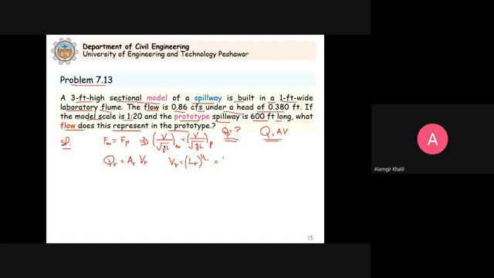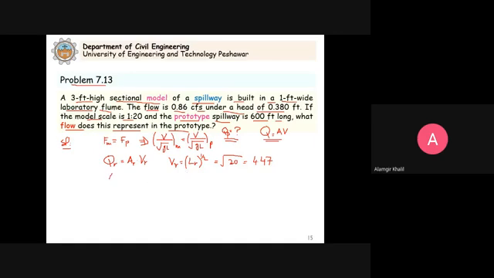And what is LR here? 20 by 1, so 20. So this will be equal to square root of 20, and this is equal to 4.47. This is the velocity scale ratio.